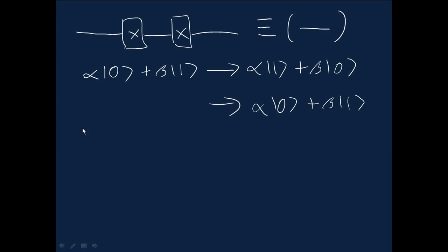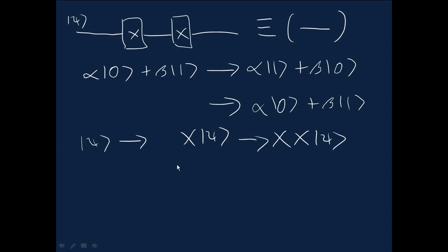There's another way of seeing this, or proving it. Imagine that the input over here, let's call it psi. Well, what happens to psi? It gets taken, first of all, to X psi by the first gate, and then this gets taken to X times X psi by the second gate.